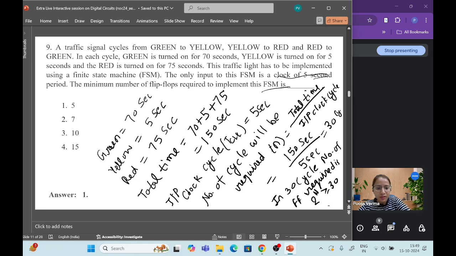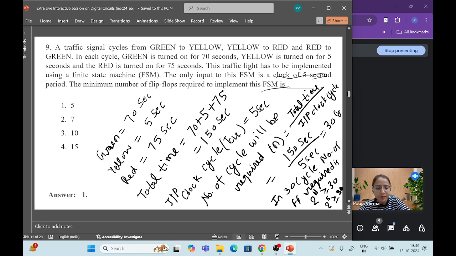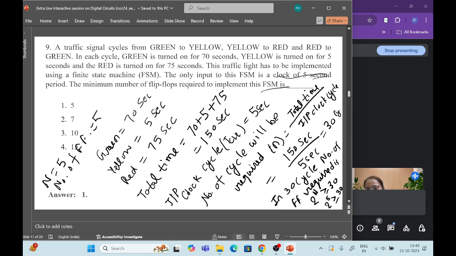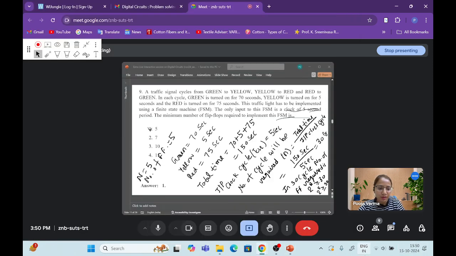So how much? It is 2 to the power 5, in that case this condition will be satisfied. So n will be 5, so the number of flip-flops will be 5 to implement the FSM. In that case, option 1 is the correct answer for this question.